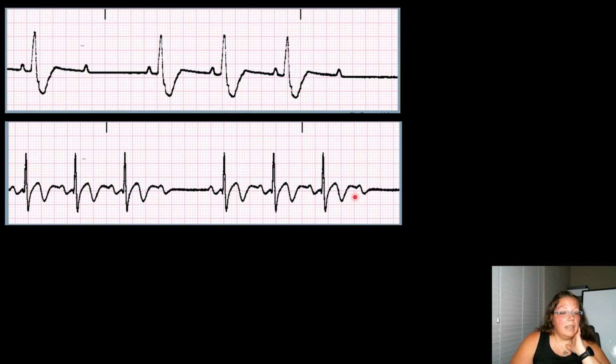So we got a block. Here's another P wave without a QRS. We've got a block. Which one is it? Are the PR intervals the same? If we took our calipers out, they'd be the same, right? If we march out the intervals, it should be the same.